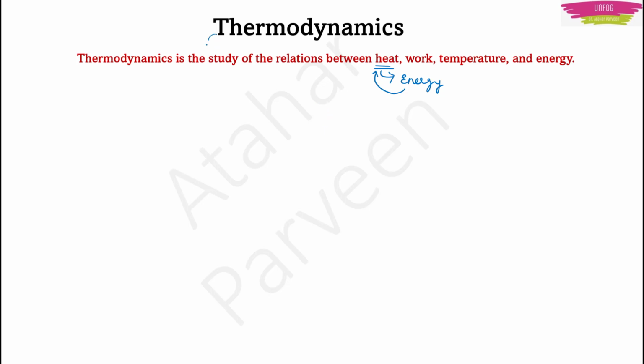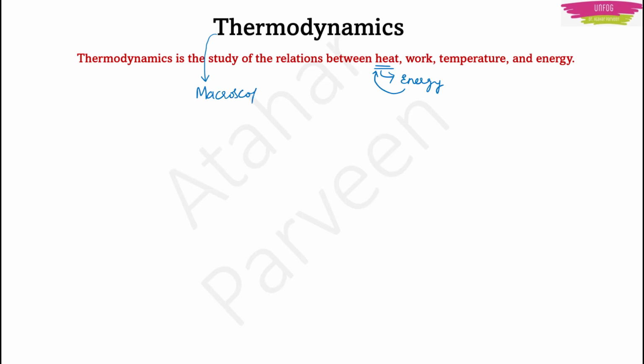But thermodynamics can also be used to describe the state of a gas. The main purpose of thermodynamics, you can say, is to describe the state of a gas. How do we describe the state of a gas? We use certain variables. Those variables are macroscopic variables.